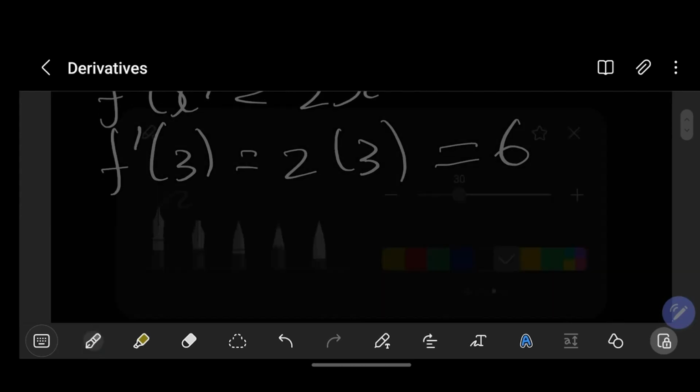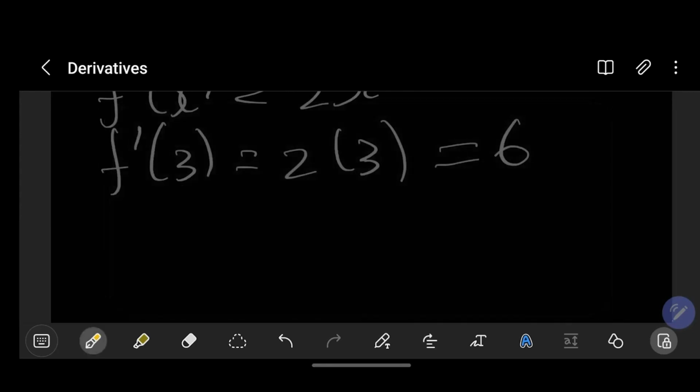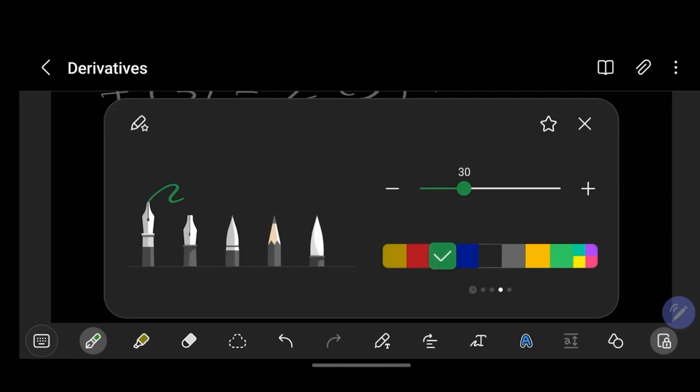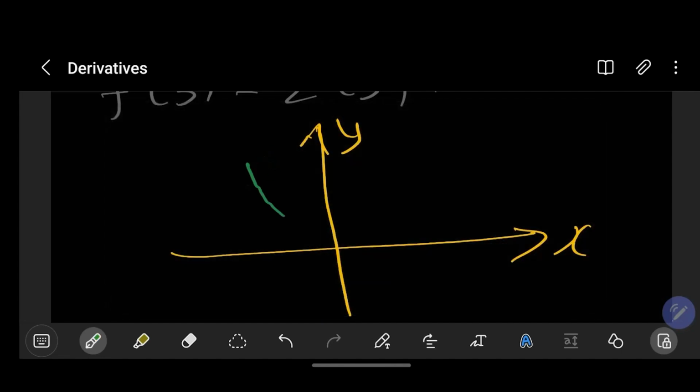Quite simple. So if you draw this on the Cartesian plane, we have our y and x here. We know that x squared is basically a parabola like this.